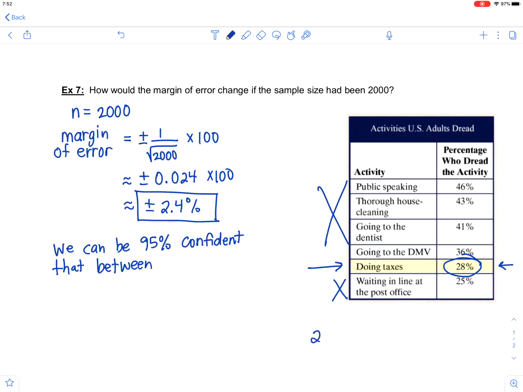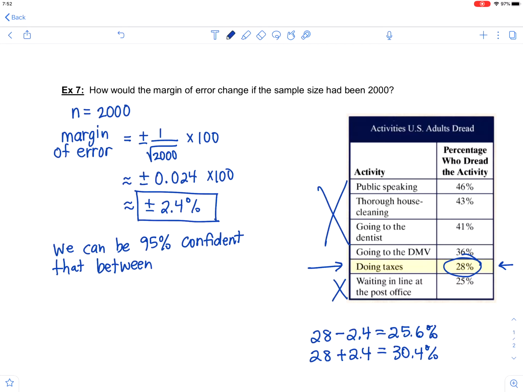So if we take the 28 minus our new margin of error, the 28 minus 2.4, we get 25.6. If we take the 28 and add 2.4, we get 30.4. So we have a smaller range than we did in the previous example.